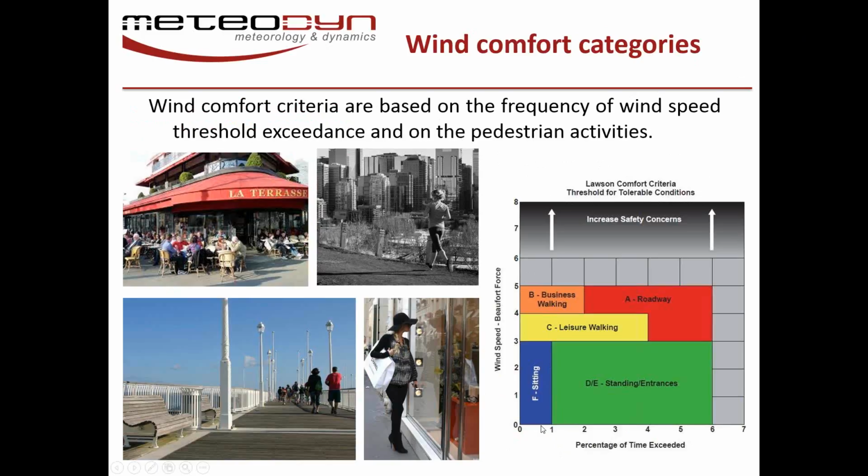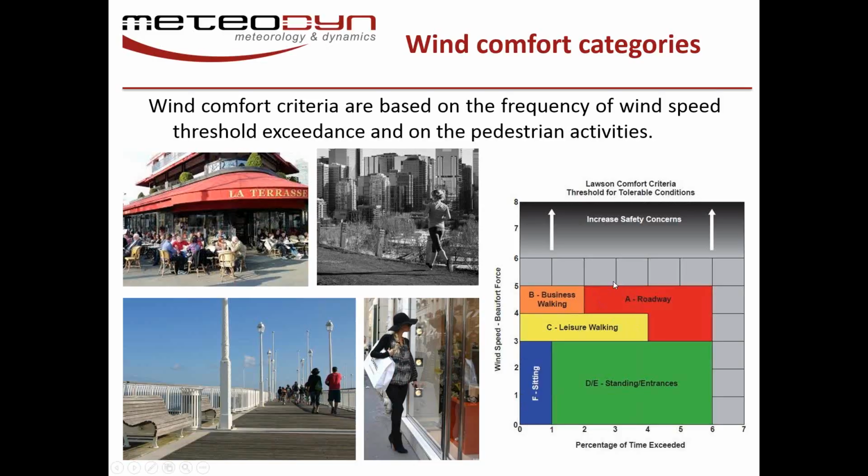So you can see here it's comfortable if the percentage is between 0 to 1%, for the wind speed between 0 to 3 on the Beaufort scale. It's different if you have walking or running here, for example.